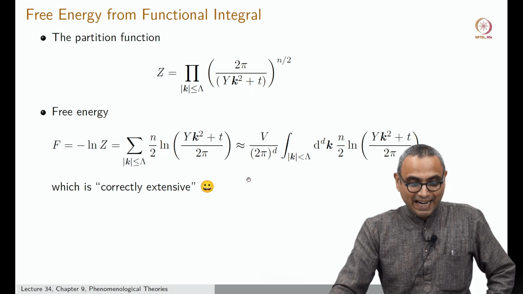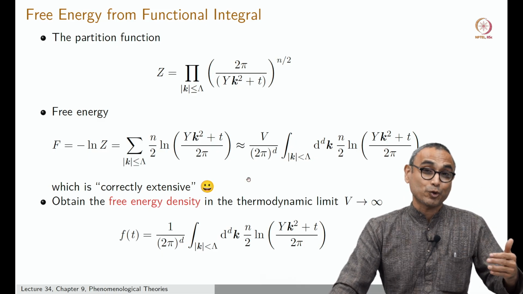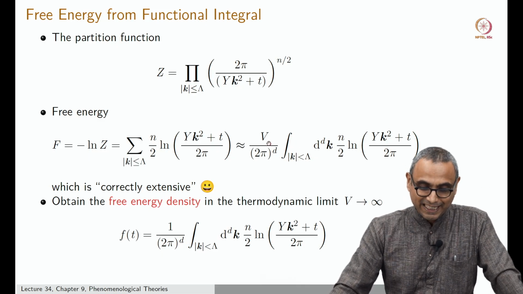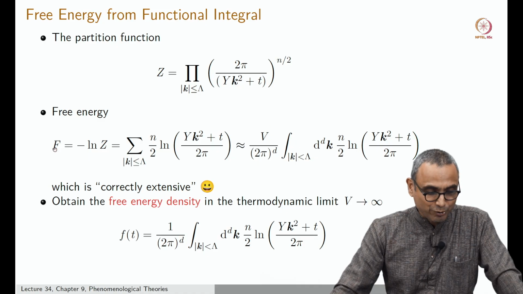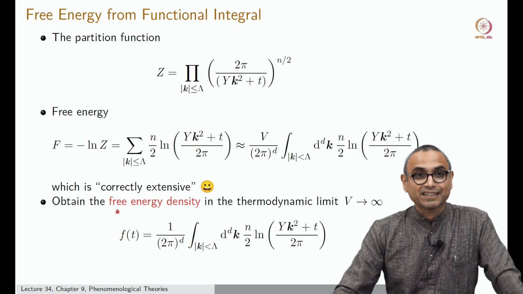And the second thing is that if you want to go to the thermodynamic limit, you can divide F by V and get a free energy density, which depends on a variety of things, but most importantly depends on T, and that is the result for our free energy density.